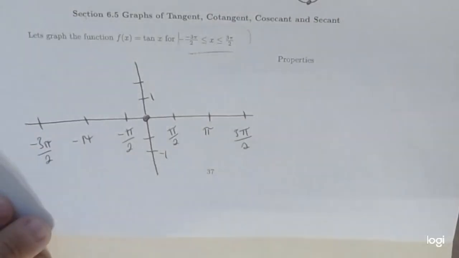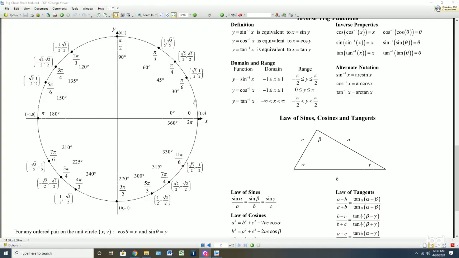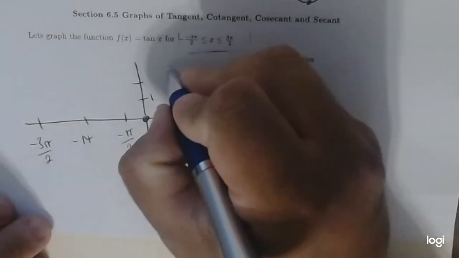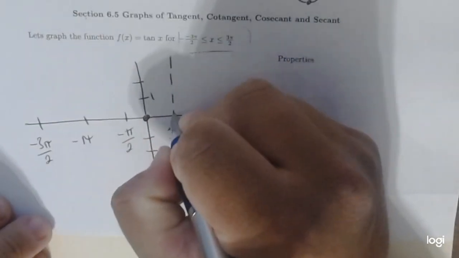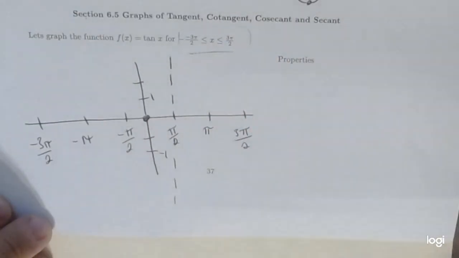So it's the tangent portion, and we do the same thing. We're just going to go around the unit circle itself. So pi over 2: the y value 1 divided by 0 doesn't exist. It's undefined, and in fact, since it's undefined, we have a vertical asymptote at that portion. Okay, let's keep going.